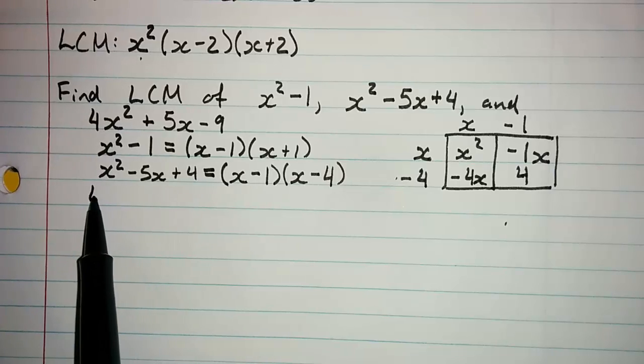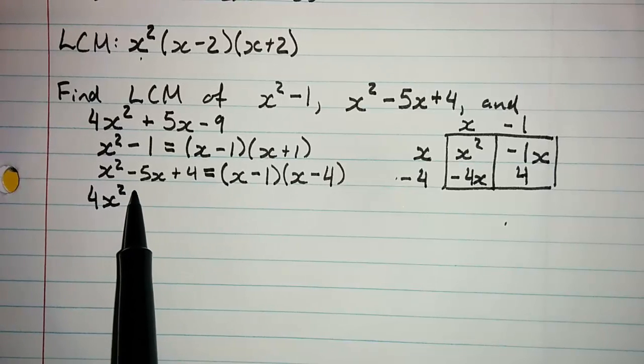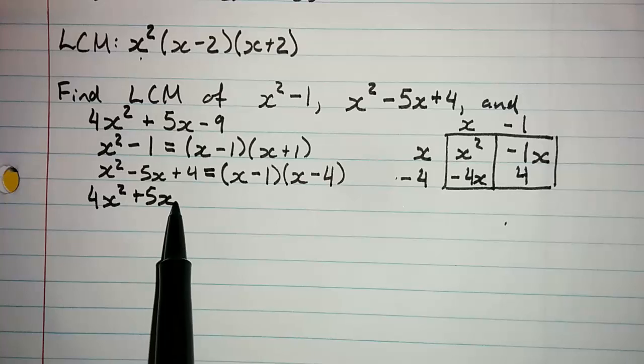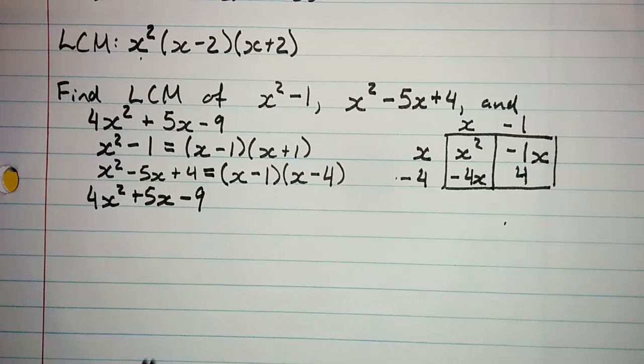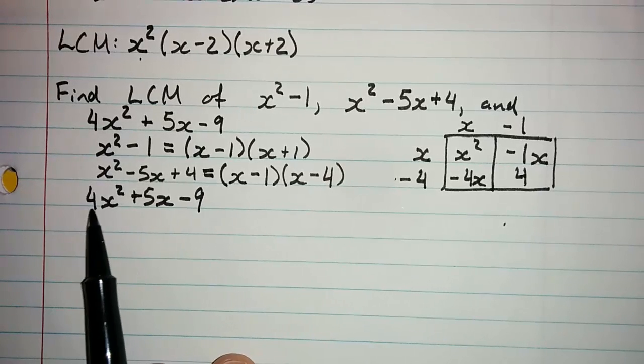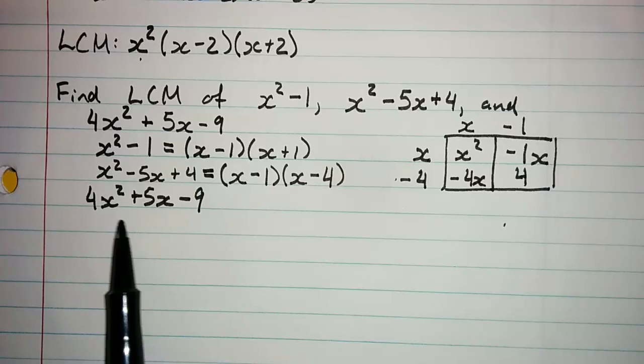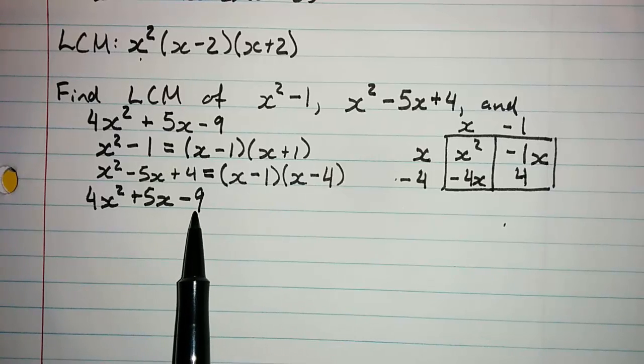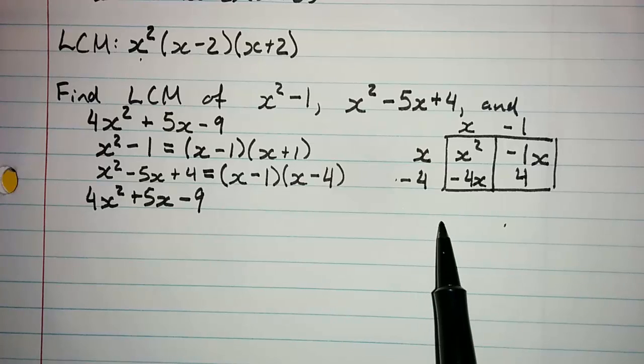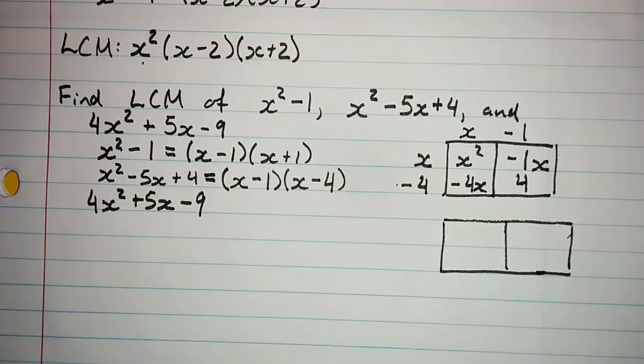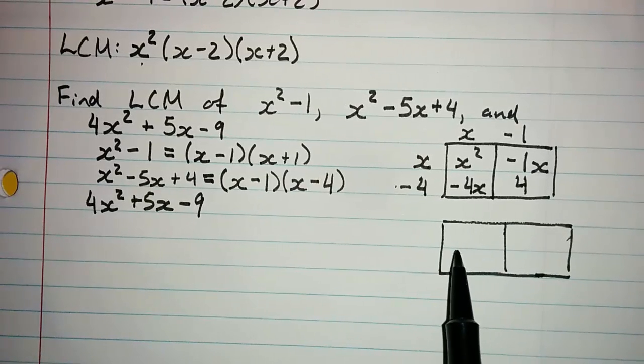Finally, 4x squared plus 5x minus 9. Notice that this doesn't look like it might be a perfect square because we're subtracting the 9, not adding it. So again, we want to split up the middle term using the AC method.